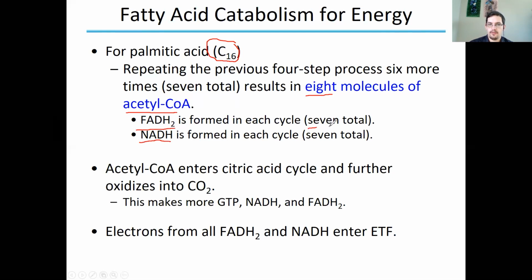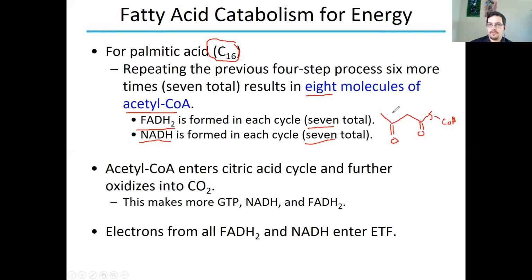So we'll go through the cycle only 7 times, because once we get to the end, you'll have one cycle where you produce 2 acetyl-CoA, right? So once we're down to our last 4 carbons, we oxidize it all the way up to our beta-ketoacyl-CoA.